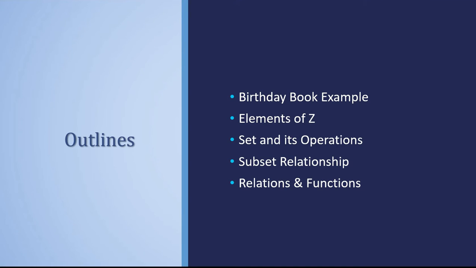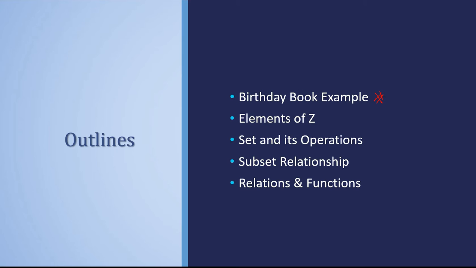We will start with an example of how to model a more complicated system. This example is the BirthdayBook. Then we will learn the elements of Z notation needed to model such a system, and also the operations and the sets, because we will use sets to model this system.